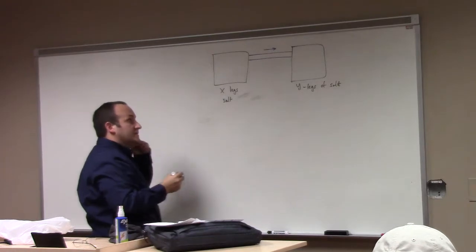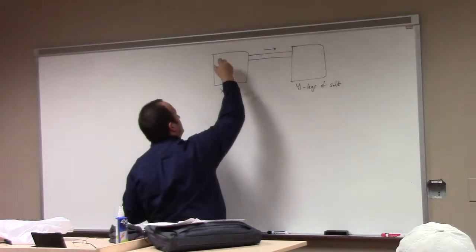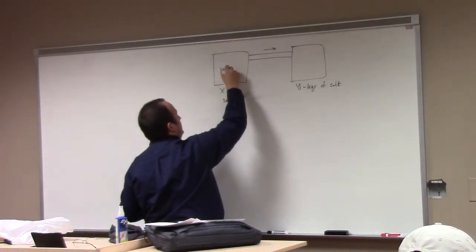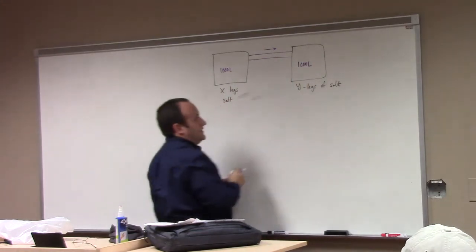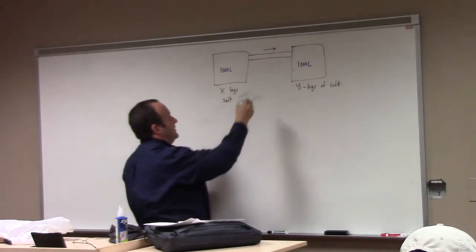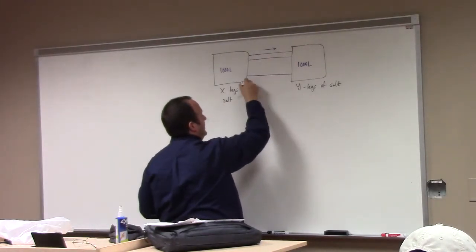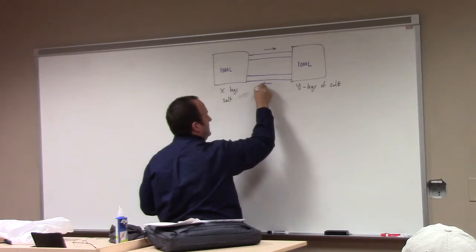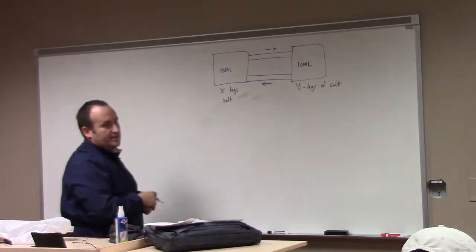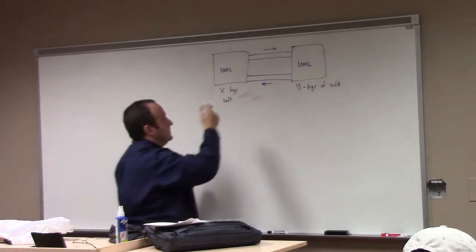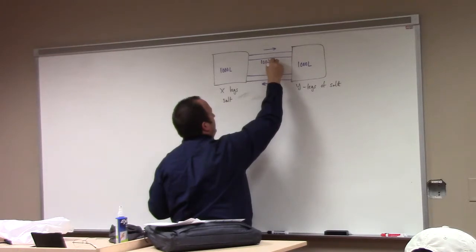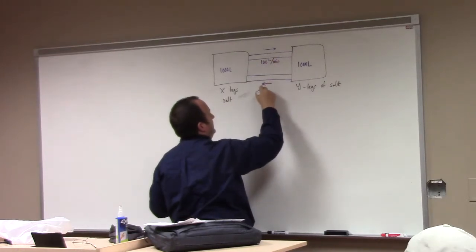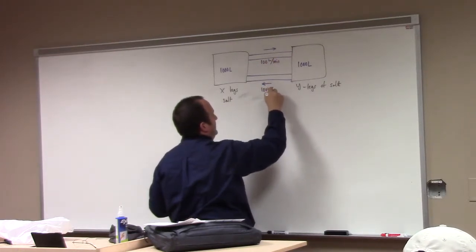And suppose that these are 1,000 liters each. These are both 1,000-liter tanks, right? And you have flow pipes going from one to the other and the other to the one, right? And let's suppose that you have 100 liters per minute that way, and you've got 100 liters per minute the other way.